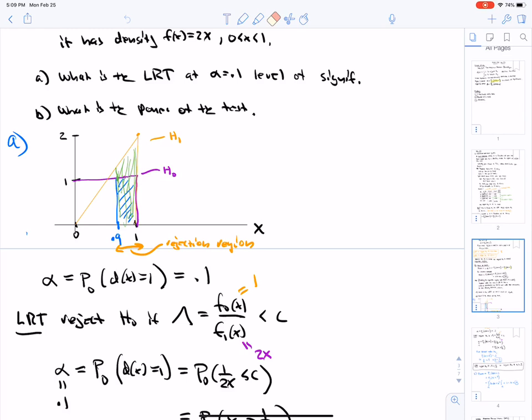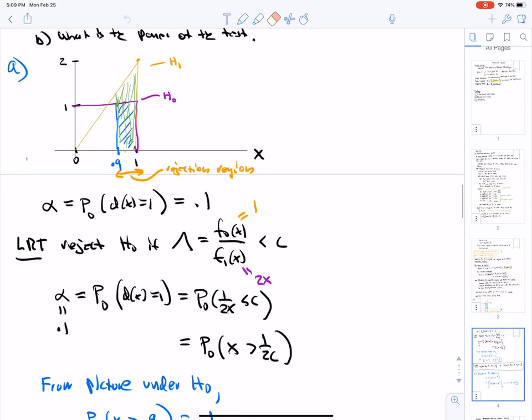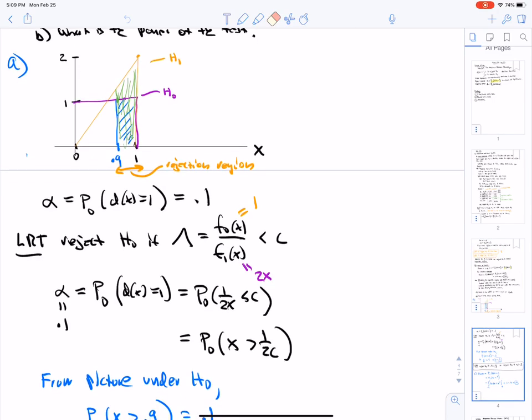So if we set alpha equal to 0.1, we can see what the cutoff needs to be. So 0.1 is the probability under the null hypothesis that 1 over 2x is less than c, or equivalently that x is greater than 1 over 2c.